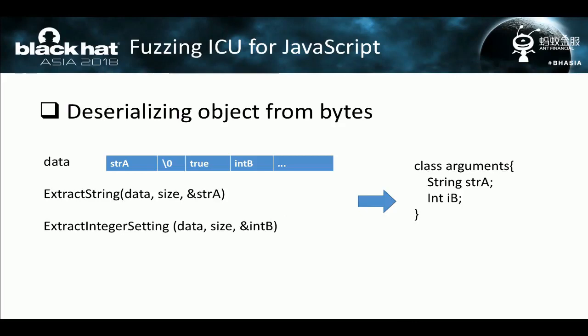Then we can deserialize the object from the bytes. The data is provided by libFuzzer. We can extract the object from the string from the data bytes. After deserializing, we can get a class of arguments.